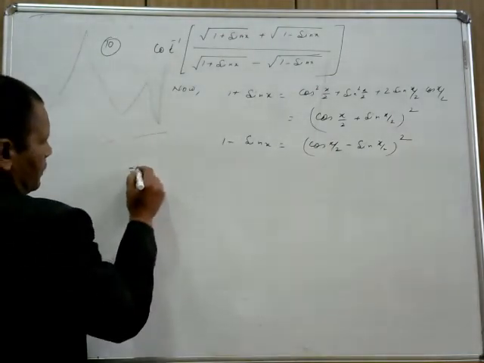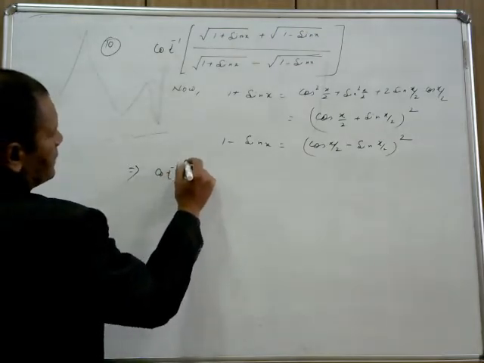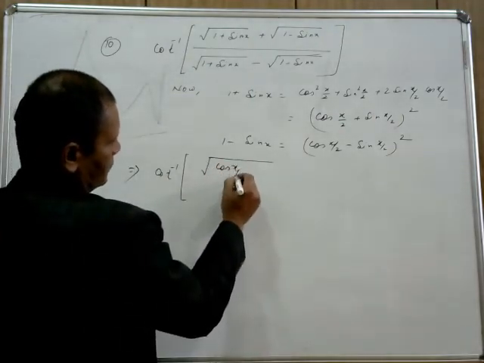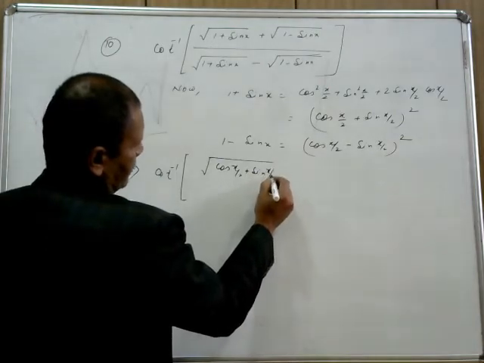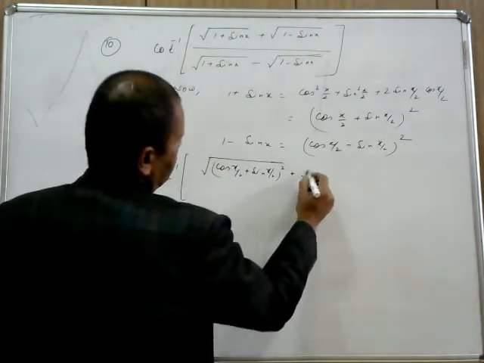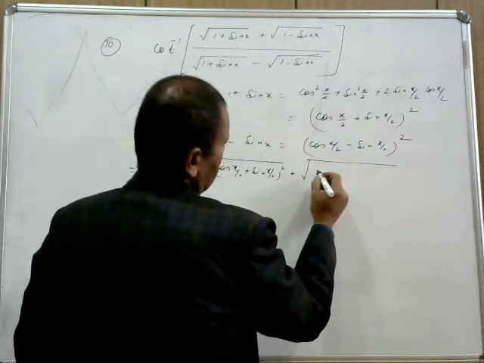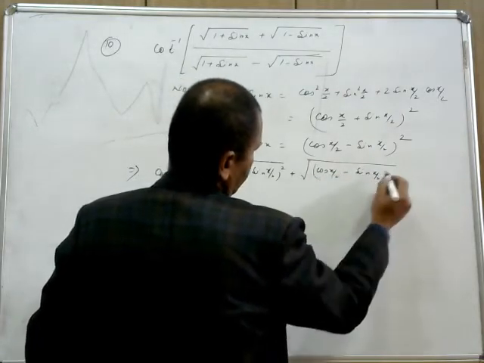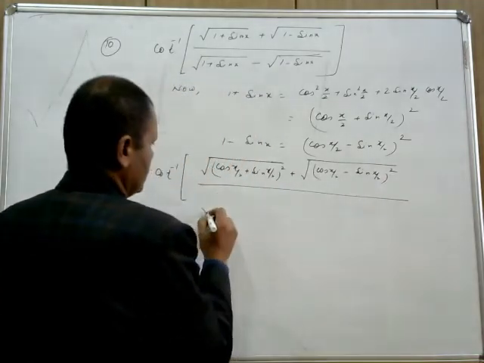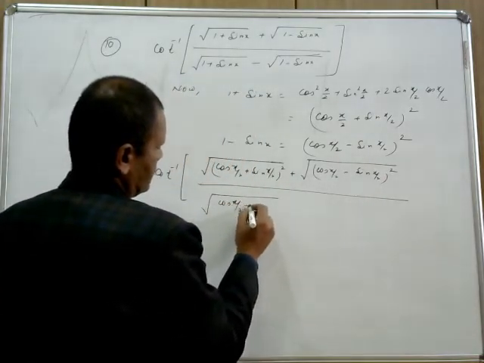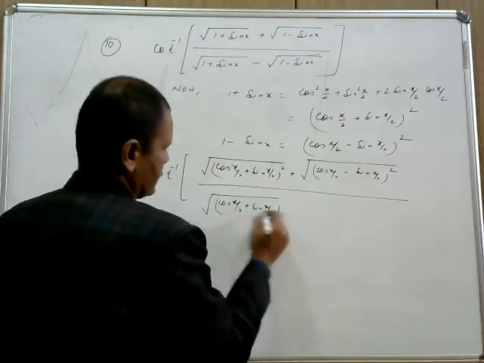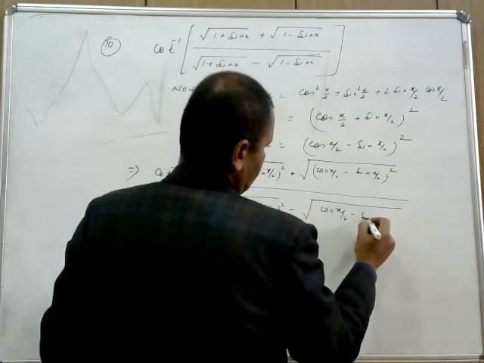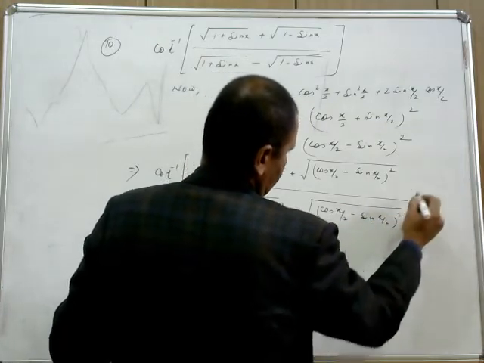Now tell me, from the given part of the question we can write cot inverse of under root 1 plus sin x, that means cos x by 2 plus sin x by 2 whole square, plus under root 1 minus sin x, cos x by 2 minus sin x by 2 whole square, whole divided by under root cos x by 2 plus sin x by 2 whole square minus under root cos x by 2 minus sin x by 2 whole square.